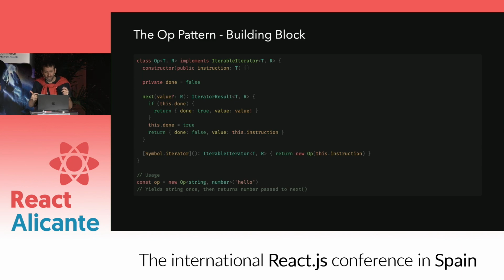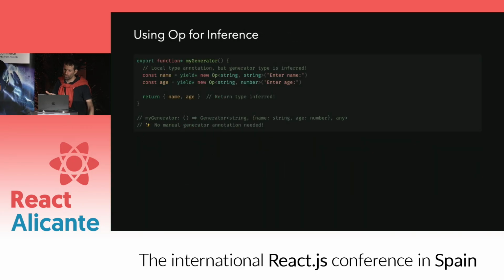So the first time it will yield hello in this case, and the subsequent time it will return done true, with value whatever you pass into next. So you say, okay, why should I care about this really weird code? Well, the magic happens when we use that with yield star.